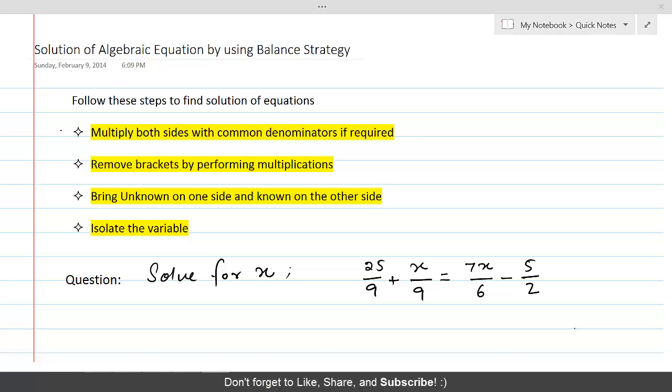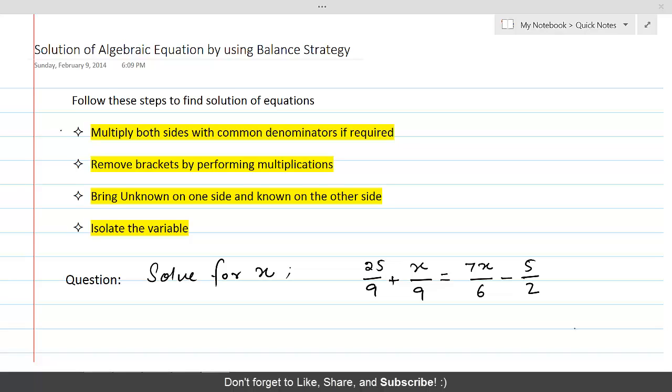That is first step. The second step, once the denominators are free from the numbers, then remove brackets by performing multiplications. See if you need to perform any multiplication and remove brackets. That's step number 2.